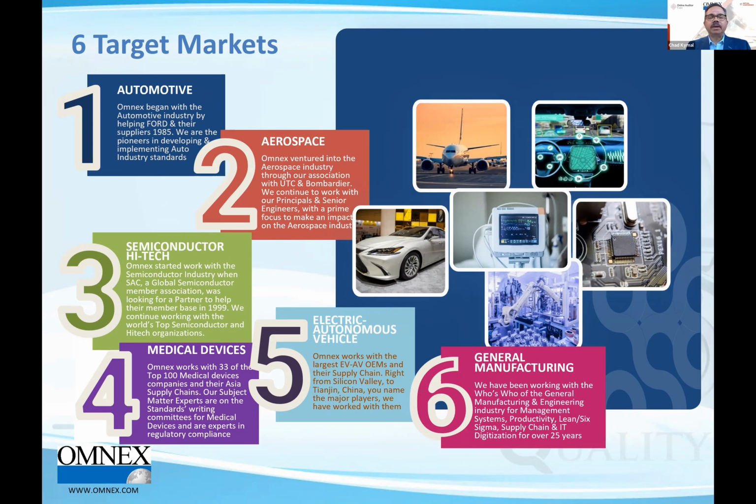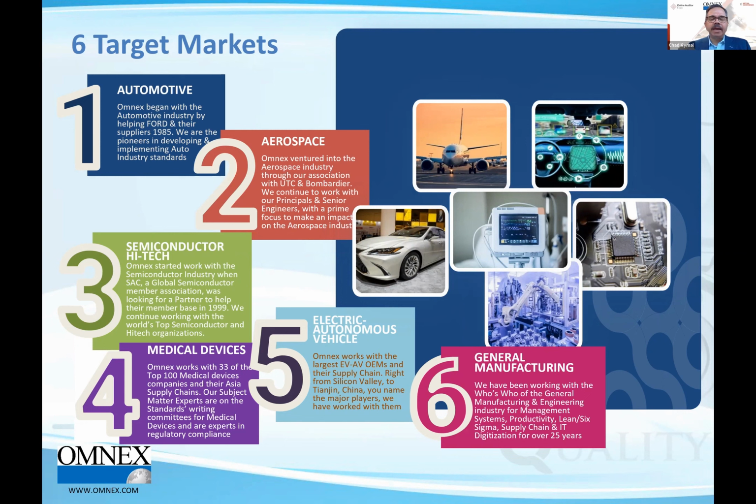Or you might be in the semiconductor industry. There are many people working with us from the semiconductor industry who have been asked by their customers to do AIAG-VDA DFMEA. One of the big markets we serve, which is going to get merged into the automotive market, is the electric vehicle and autonomous vehicle market. Many new startups, and we're very happy to say we're working with many of them globally.